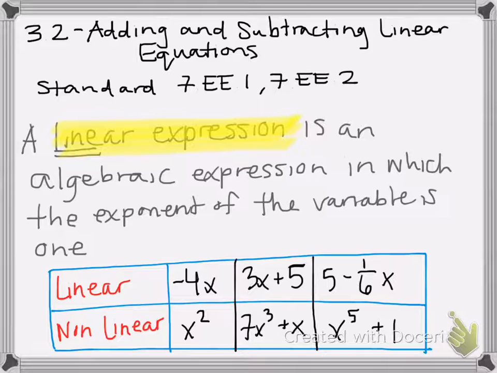And I'm going to tell you right now that there are two ways that you can add linear expressions, and that is through a vertical method and a horizontal method. So we're going to start with the vertical method.